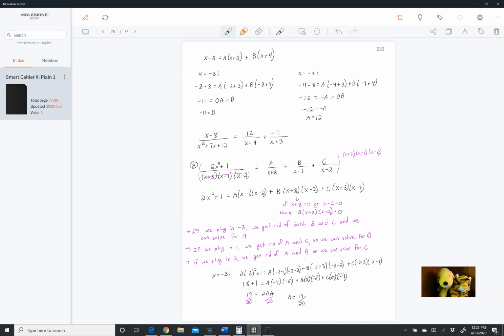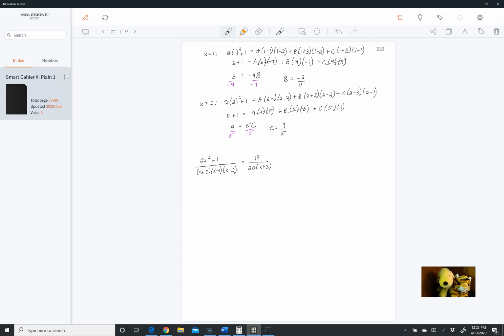So if a is 19 over 20, we multiply the numerator and we multiply the denominator. So 19 times 1 is 19. And then we have our 20 times x plus 3. Okay, so when we have a fraction, the denominator of a is just going to go into the denominator of our rational expression here. And then that would be true for all of them.